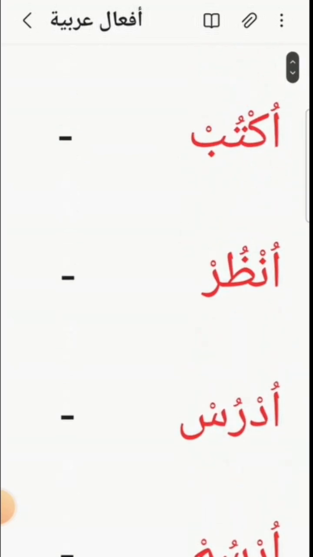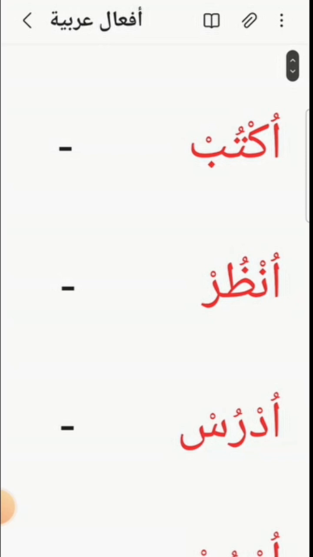So these are all, if you see this pattern, it should immediately tell you you're dealing with a verb or an instruction. You will see it starts with a u sound, followed by a sukoon, followed by another u, dhamma, followed by another sukoon. So this is the uf'al pattern.